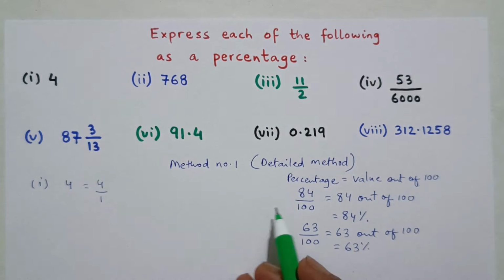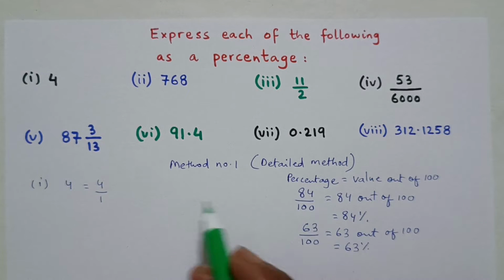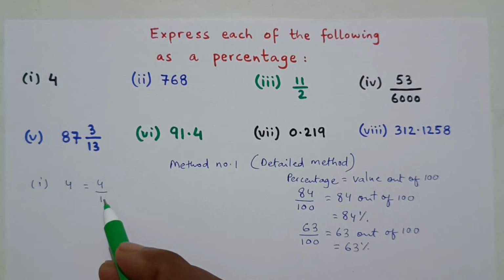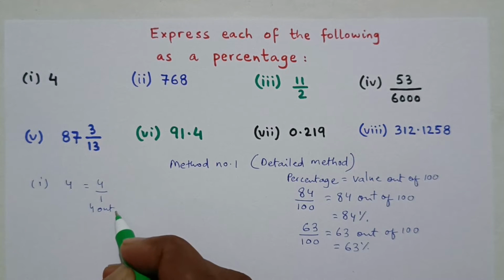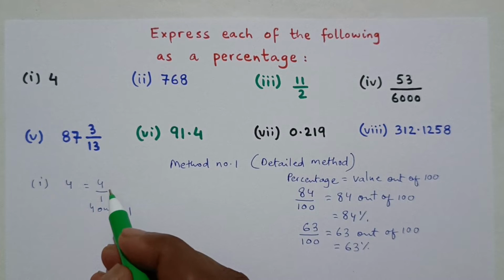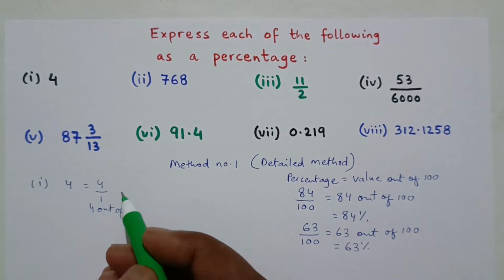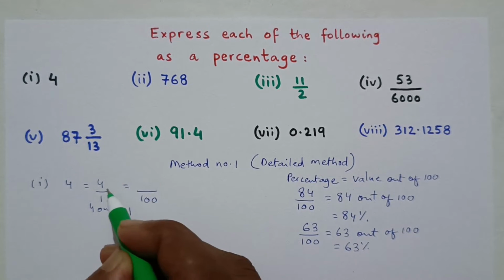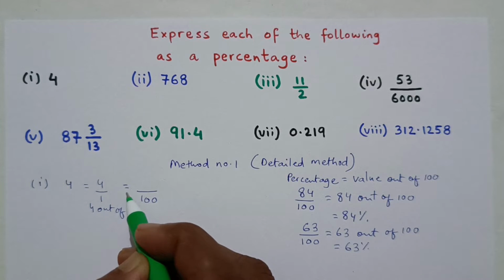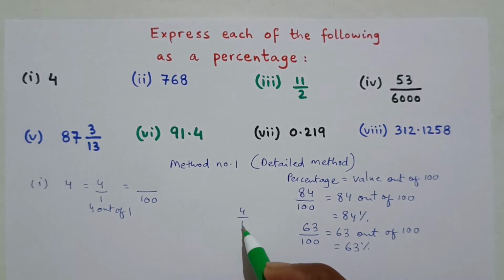But for percentage the value should be out of 100. So 4 by 1 is how much out of 100?